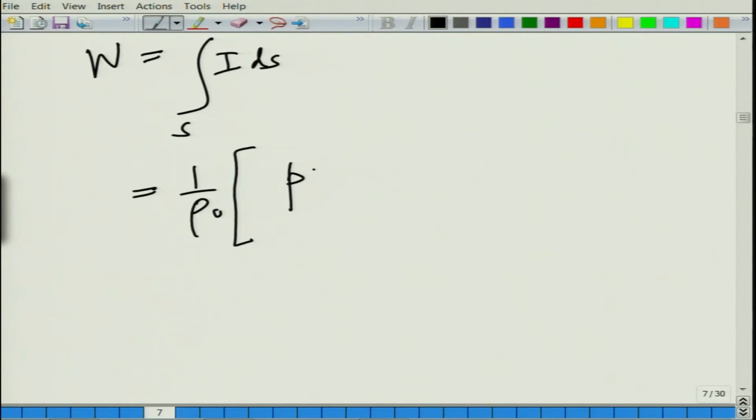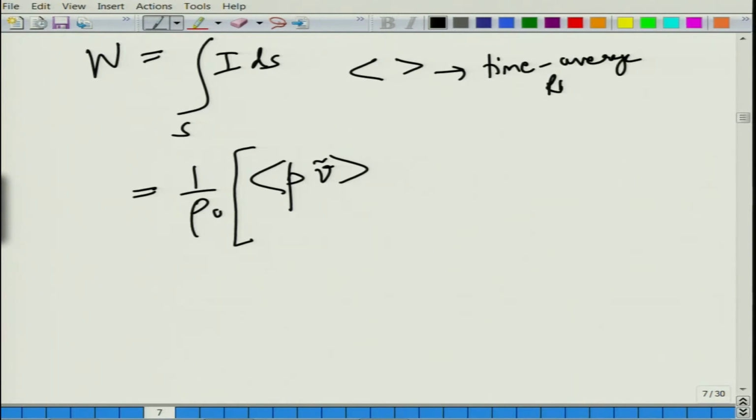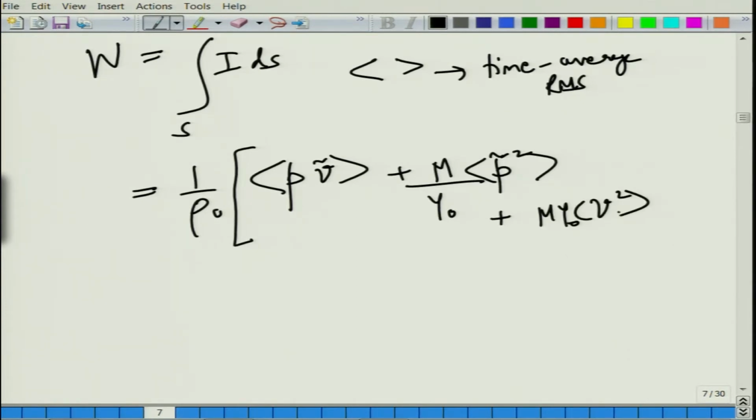P and V, where V tilde is, remember, the mass velocity, and these things mean the time average, or RMS. And this is nothing but P tilde square plus rho naught times y naught times V square.